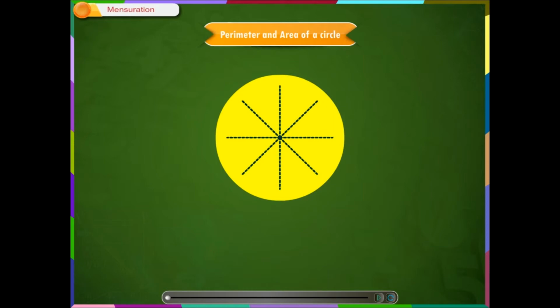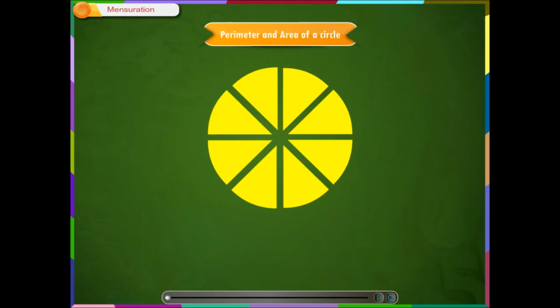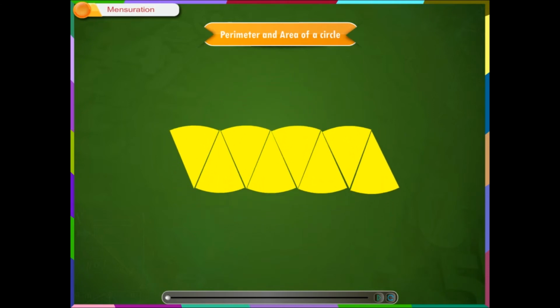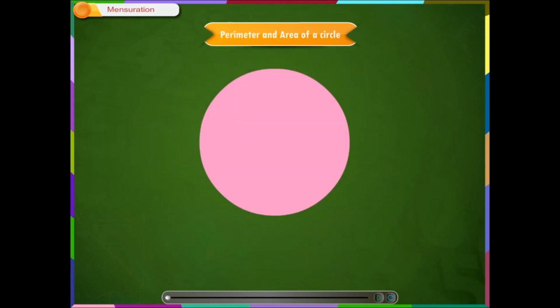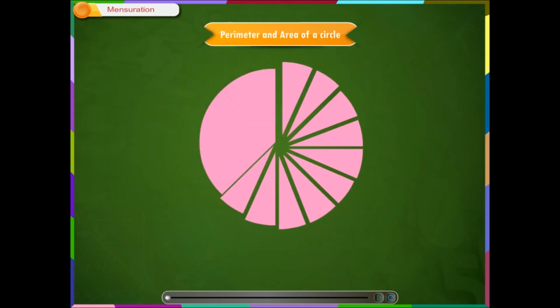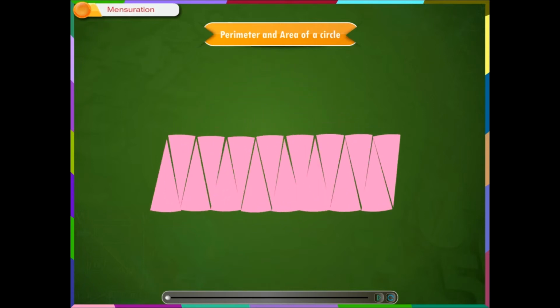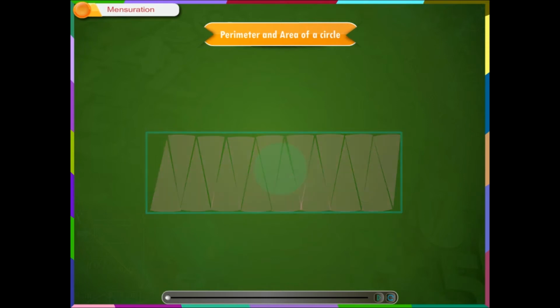Take a circle and cut it into 8 equal pieces like this and arrange them into a rectangular formation like this. As you can see, it hardly resembles a rectangle. Next, we will divide the circle into smaller equal pieces and arrange them into a rectangular formation. We still see that it doesn't resemble a rectangle.